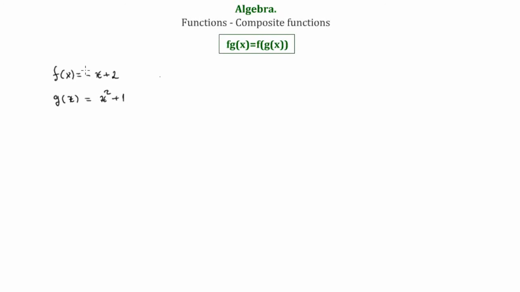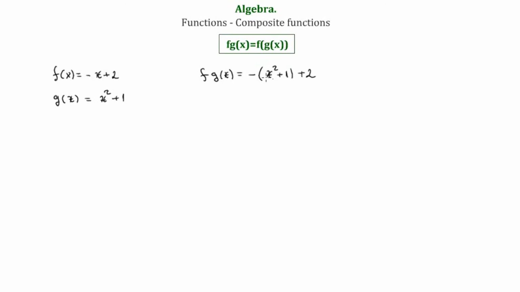We will start with the composite fg of x. fg of x will therefore be the function f where we replace the variable x with x squared plus 1. So then it will be minus, because we have minus before the variable x. Let's put this in brackets: x squared plus 1, plus 2.